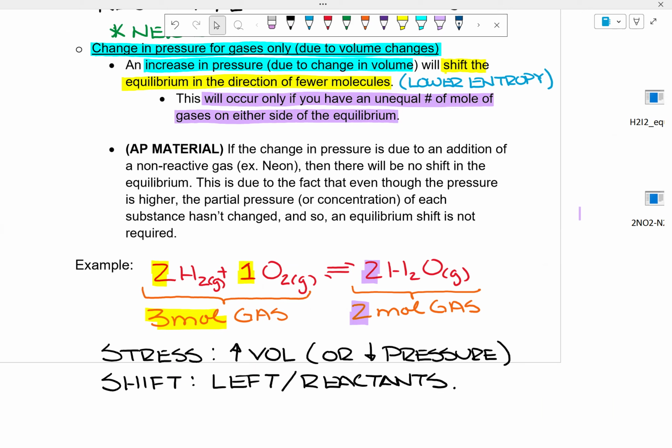Same idea here. Because I have more volume, you are able to have more molecules, so you have more randomness. If you decrease the volume, you have less space, so you can only have fewer particles, so you have less randomness.